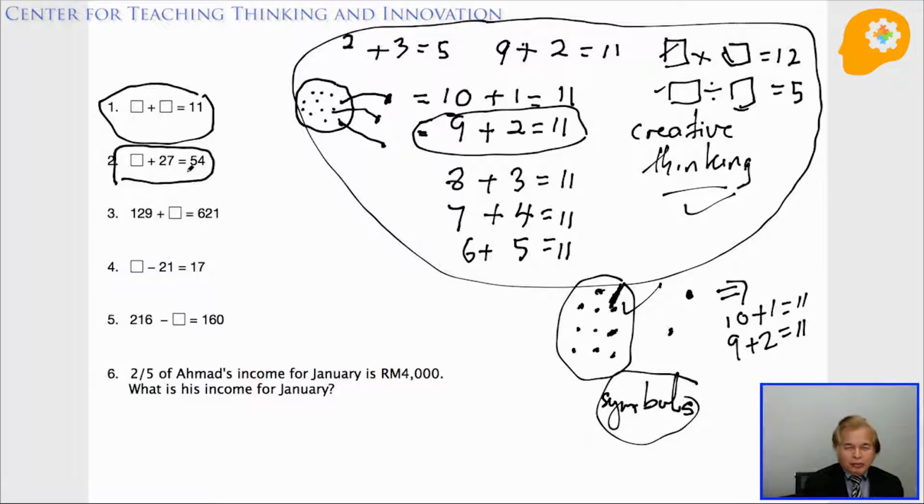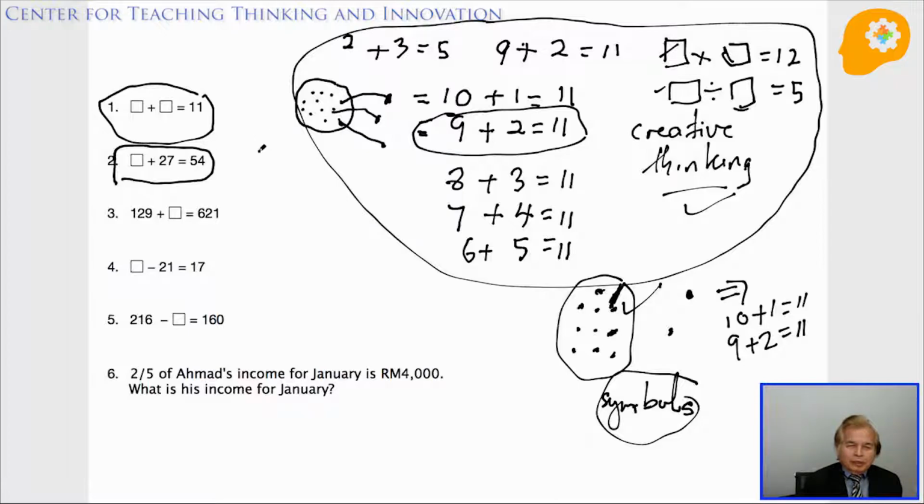Okay, you go to the shop, you want to buy a thing which costs 54 ringgit, but you have only 27 ringgit. So how are 54 and 27 related? Of course, they can make a guess like 54 minus 27, or 27 plus 54.